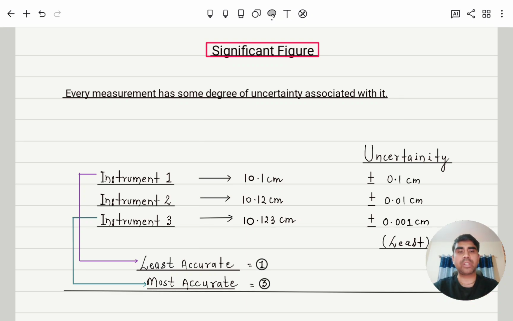So instrument 3 has the least error associated with it, but instrument 1 has the maximum error. It is just an example: since this one measures in detail, it has the least error, whereas this one is relatively less accurate, so it has more uncertainty or error associated with it.